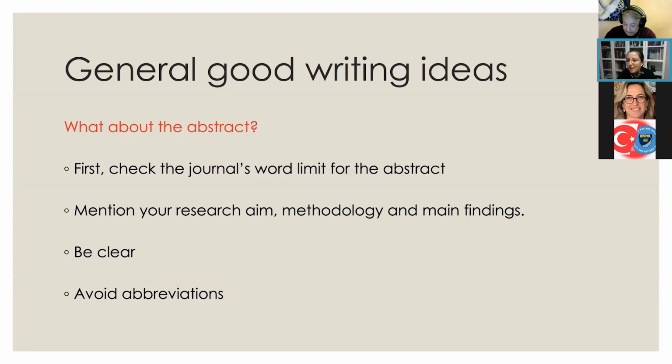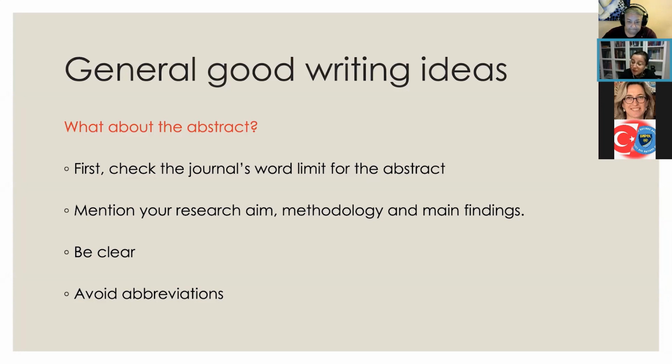First, check the journal's word limit for the abstract. In this part, you can mention your research aim, methodology, and main findings. We should be clear and avoid any abbreviations or too much technical language here.